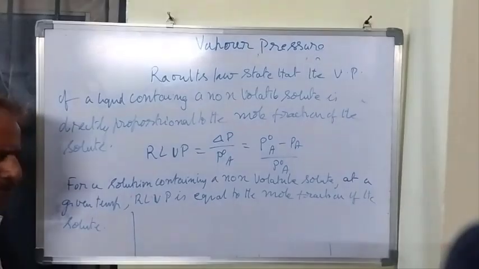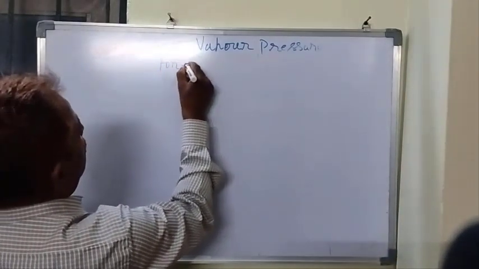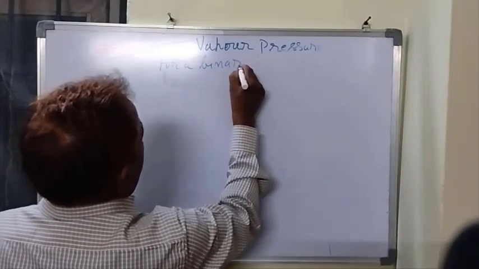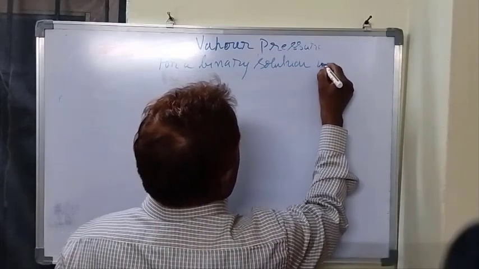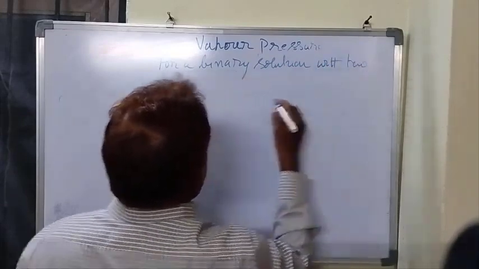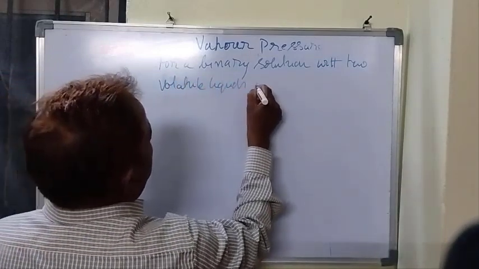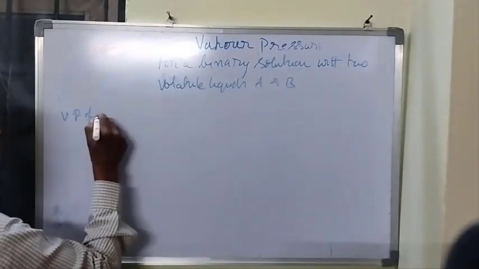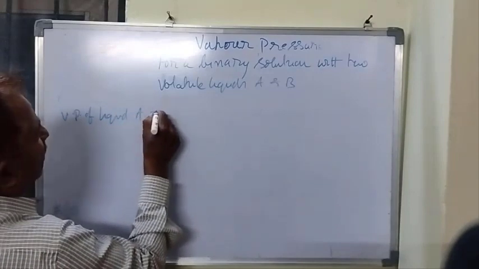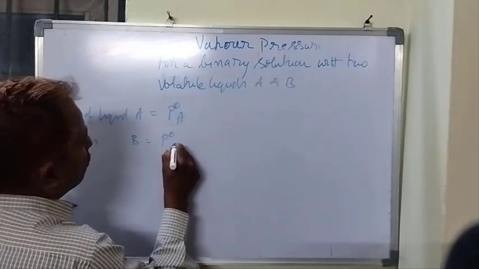Now, in place of a non-volatile solute, if we take two volatile liquids, for a binary solution with two volatile liquids A and B, the vapor pressure of liquid A is P0A and the vapor pressure of liquid B is P0B.